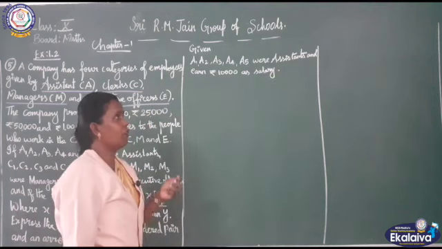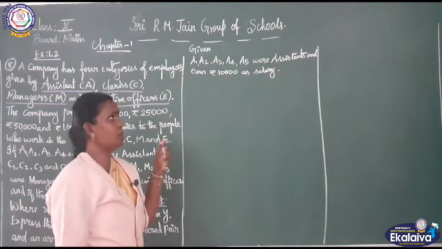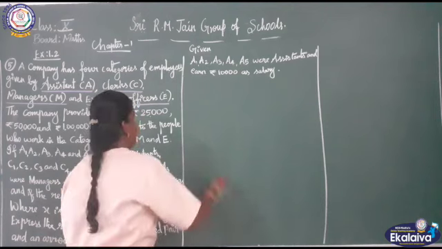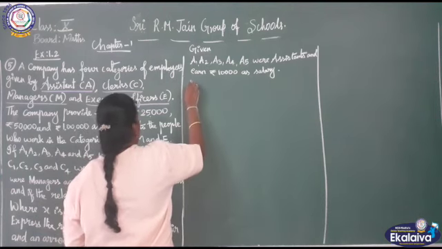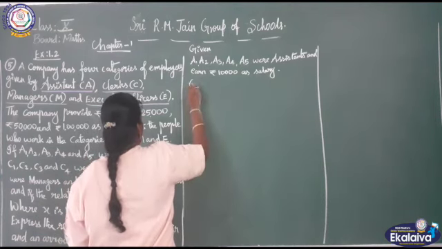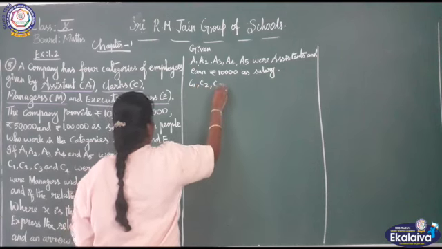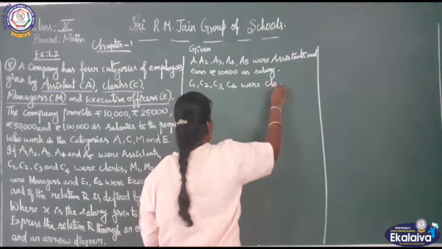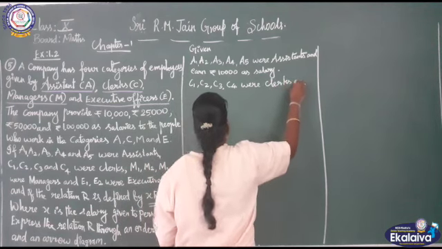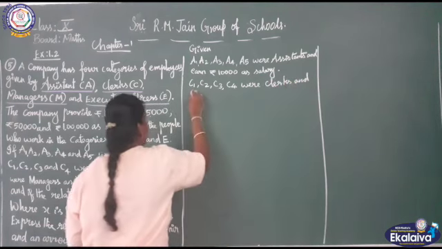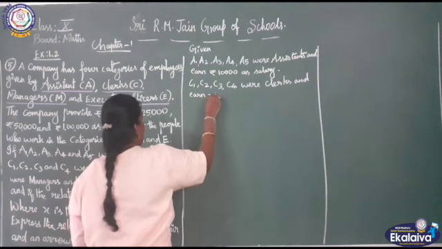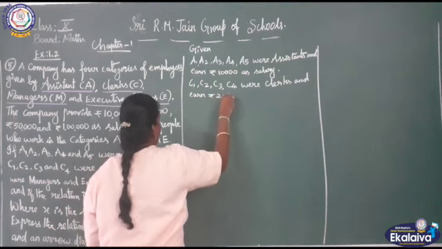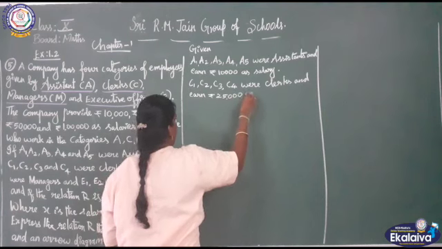A1, A2, A3, A4, A5 were assistants and earn rupees 10,000 as salary. Then C1, C2, C3, C4 were clerks and earn rupees 25,000 as salary.